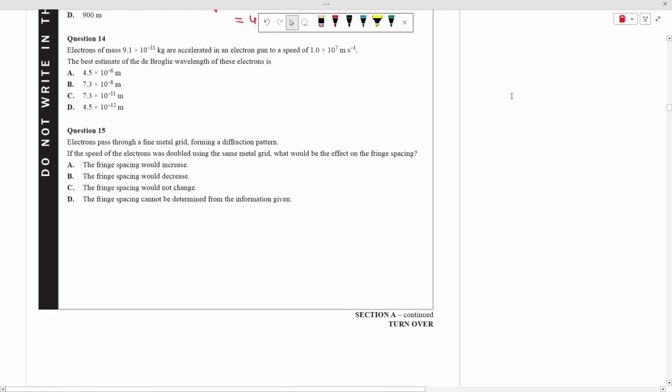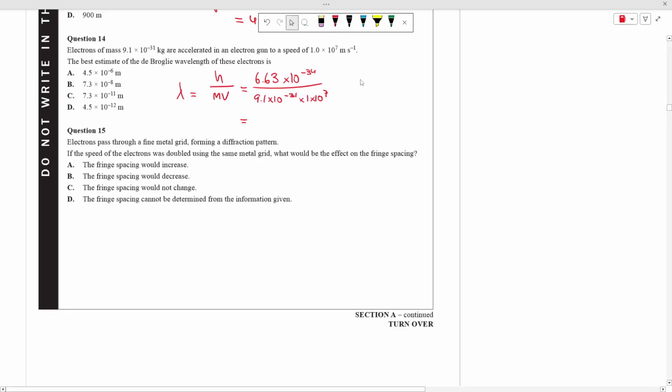Right, question 14. Electrons of mass this are accelerated in an electron gun to a speed of this. The best estimate of the de Broglie wavelength of these electrons is. Alright, so straightforward calculation. De Broglie wavelength is h over p, or h over mv. 6.63 times 10 to the negative 34 over 9.1 times 10 to the negative 31 times 1 times 10 to the 7. We're ignoring relativistic effects here.